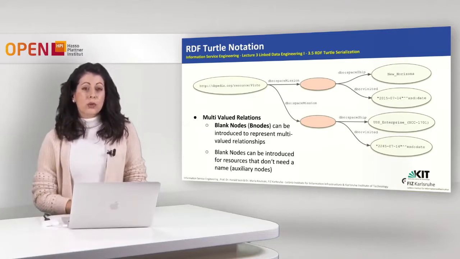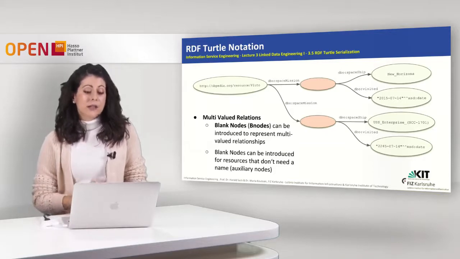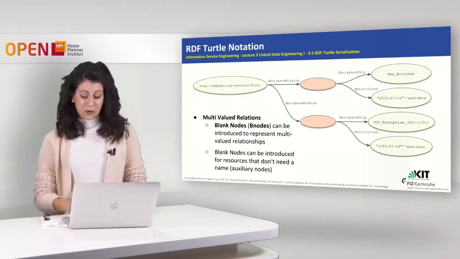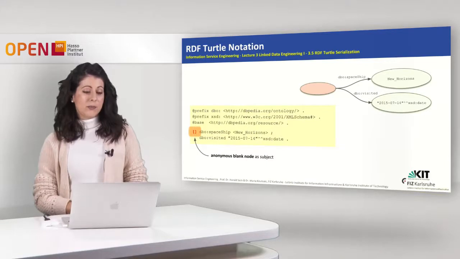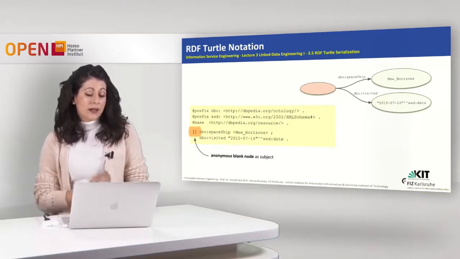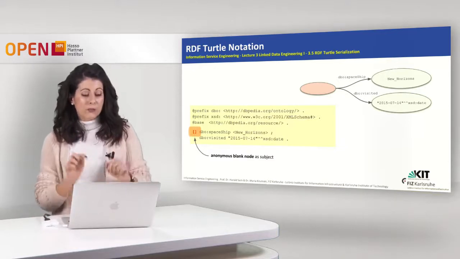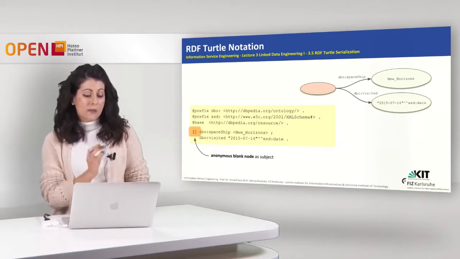So we introduce 2 blank nodes and separate the different space missions, so this information cannot be mixed anymore. Let's see how these blank nodes are represented in the Turtle notation. Here we see how we represent an anonymous blank node, which is a subject in this case. We have these brackets with nothing in there, and this indicates an empty anonymous blank node being a subject.